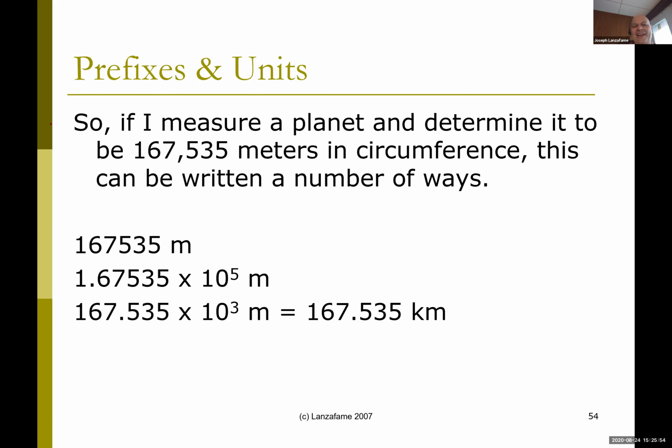And again, if I've got a big number of units, I can combine them into a smaller number of bigger units, right? And so if I measured a planet, you know, and the circumference was 167,535 meters, it's 6 sig figs, right? It's still 6 sig figs if I write it in scientific notation. On the other hand, because it's a whole lot of meters, I could also use a bigger unit of length, which is a kilometer, right?